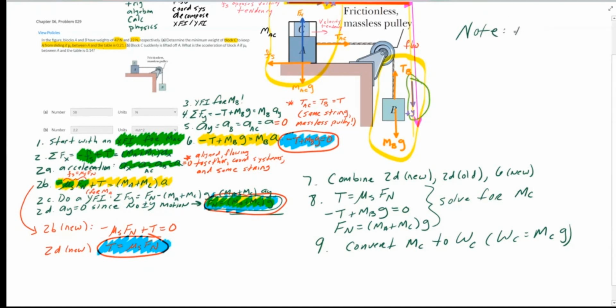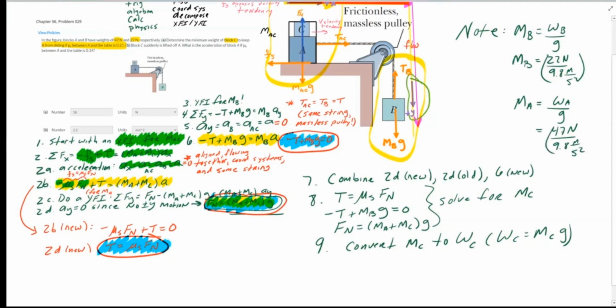What's the mass of B? The mass of B equals the weight of B over G. So for me, the mass of B equals the weight of B, 22 newtons, divided by 9.8 meters per second squared. So this is mass B. Same thing for mass A. Mass A equals weight of object A over G, which means for me, the weight of object A is 47 newtons all over 9.8 meters per second squared.